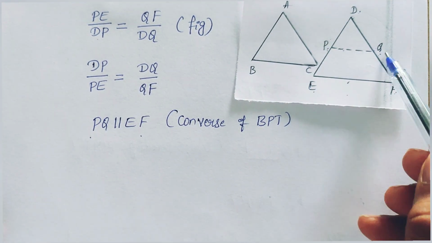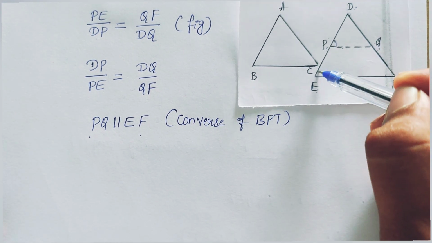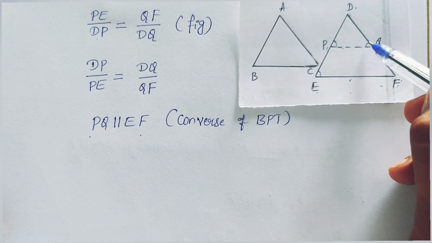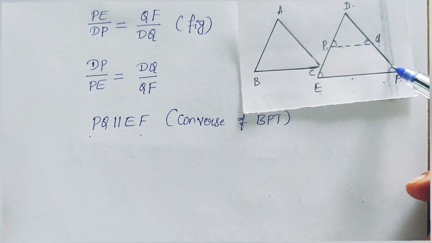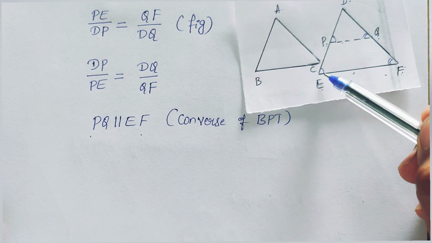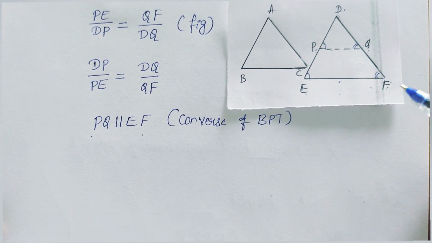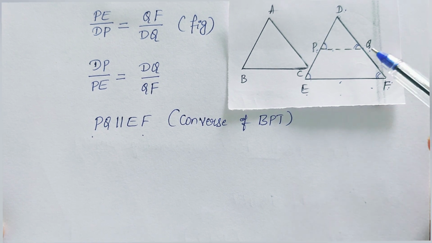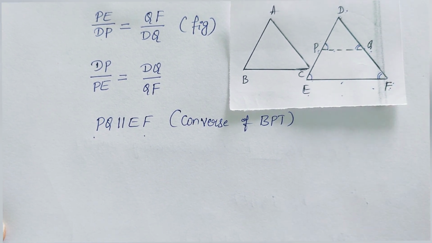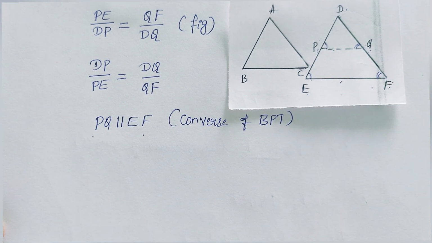Now see, PQ parallel to EF means angle P and angle E are corresponding angles, and angle Q and angle F are corresponding angles. As these two lines, PQ and EF, are parallel, the corresponding angles are equal.